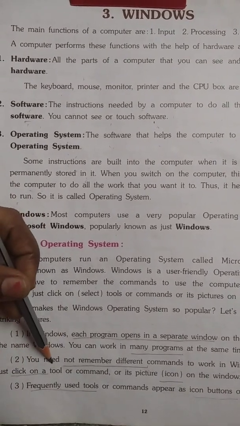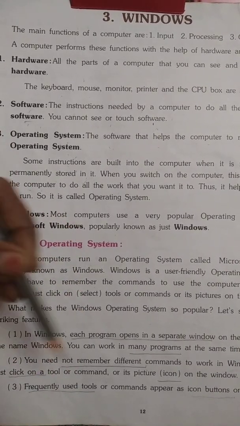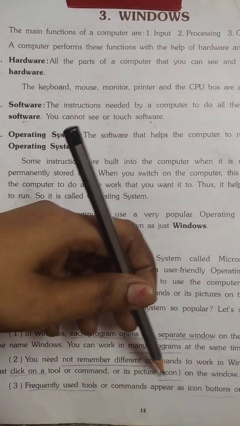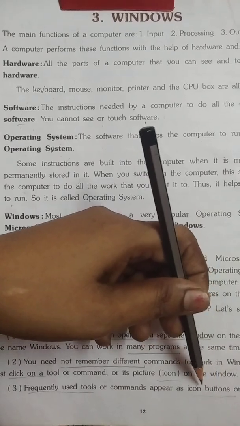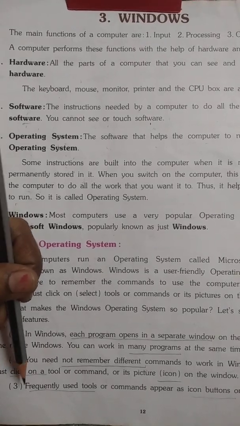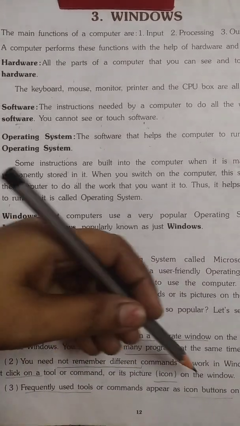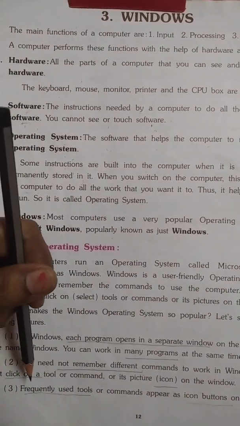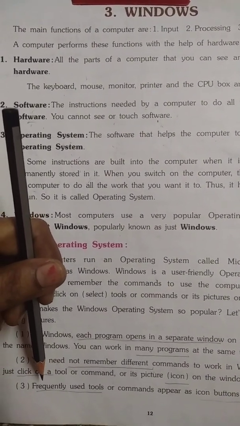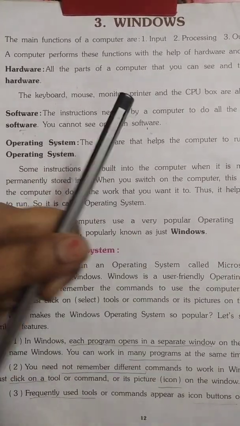You just click on certain menus, pictures or icons. The frequently used tools or commands appear as icon buttons on the window, so you can just click on that icon and open it.